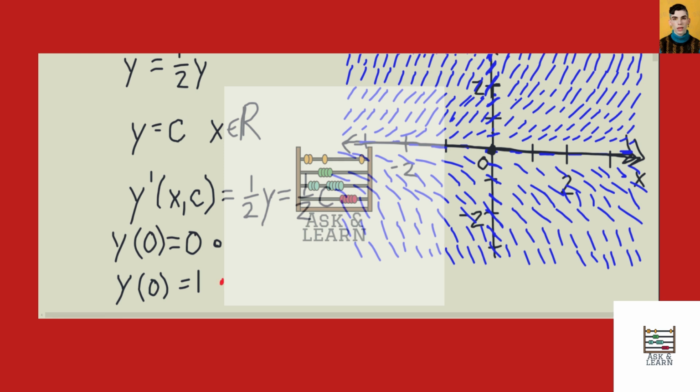I'll draw this in red. You can see that this is a point at 0, 1, and in order to graph it, we simply follow the slope field as best as we can. You see that this does approach, as x approaches negative infinity, the asymptote of the x-axis, and as x approaches positive infinity, approaches infinity. It looks a little bit like an exponential function.